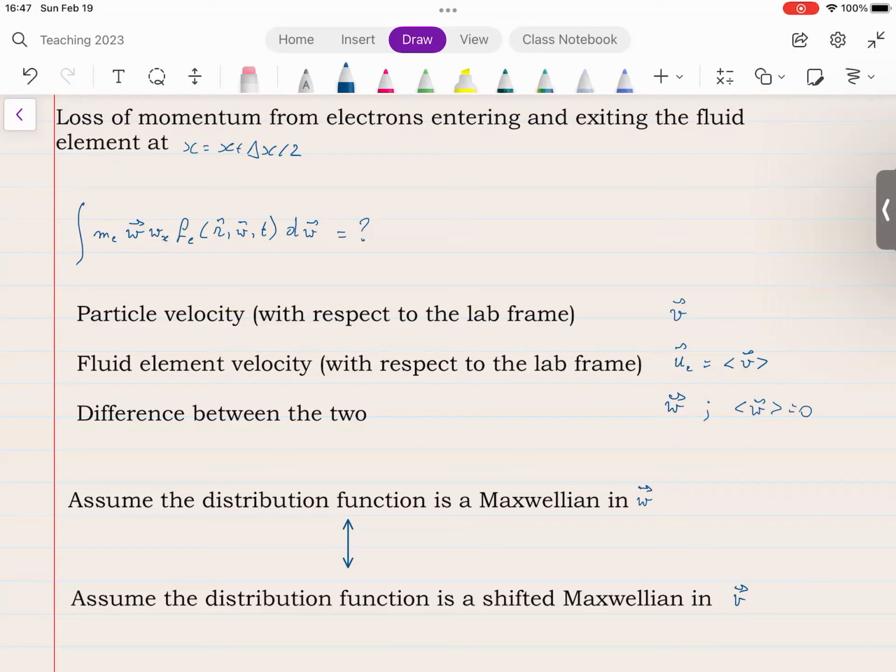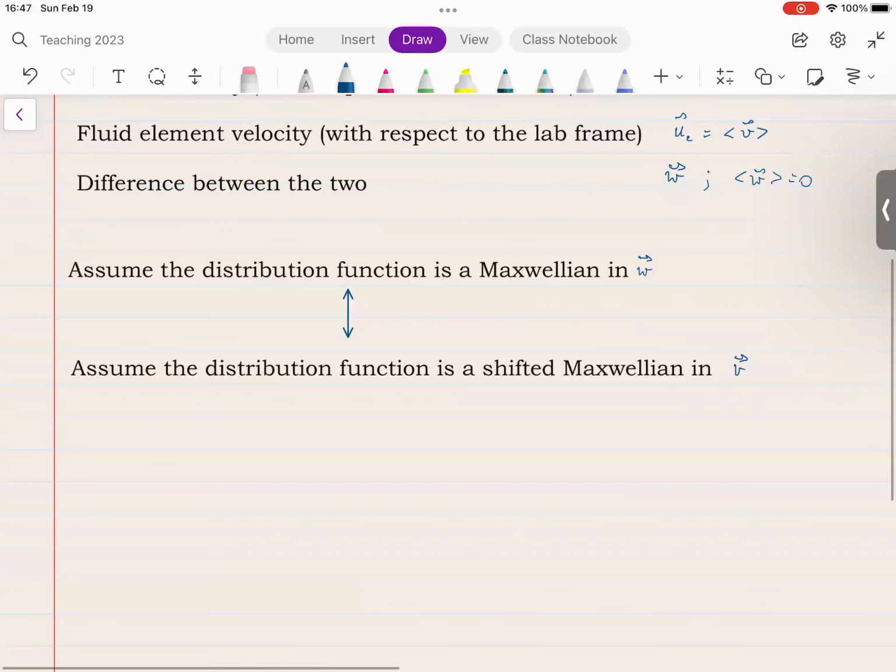In other words, the distribution function is a Maxwellian in the frame of reference that's moving with the average velocity of the particles. And in that frame of reference, the velocity of the particle is W by, again, definition. And therefore, I can make a coordinate transformation and go back to a lab frame and find out what my distribution function looks like. And that's still going to be a Maxwellian, but a shifted Maxwellian. Not going to go any further in this.